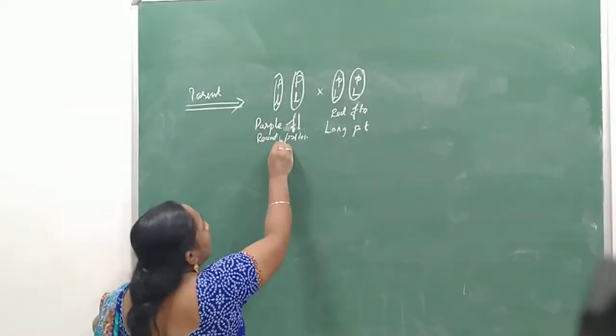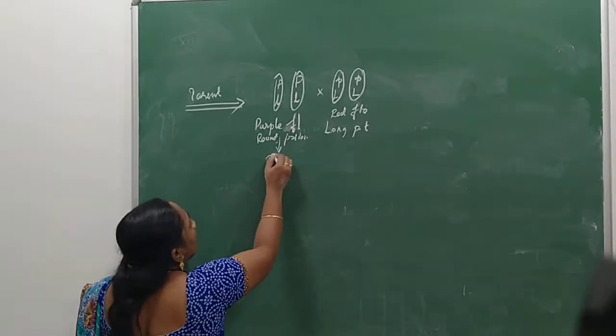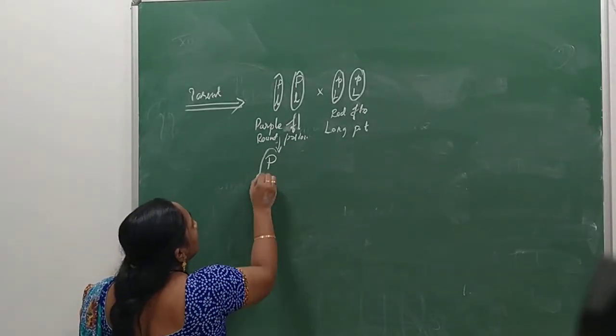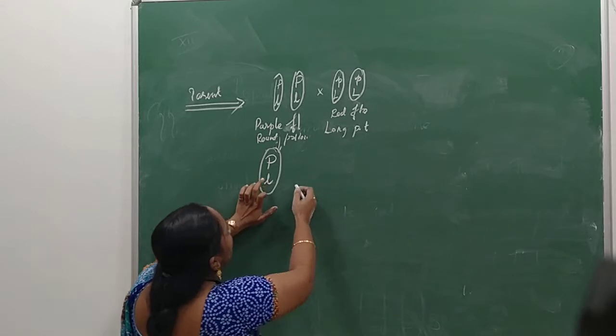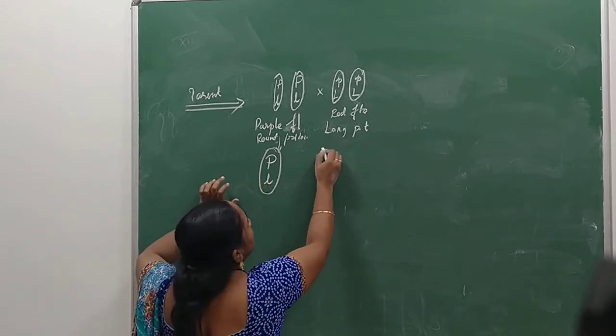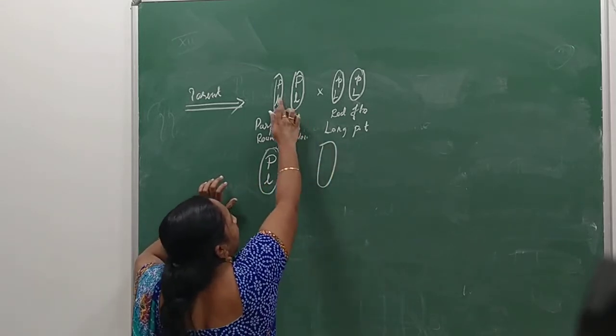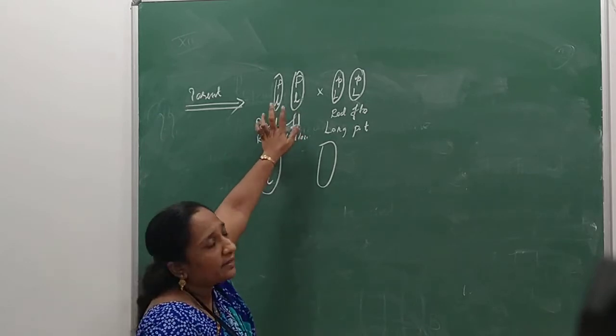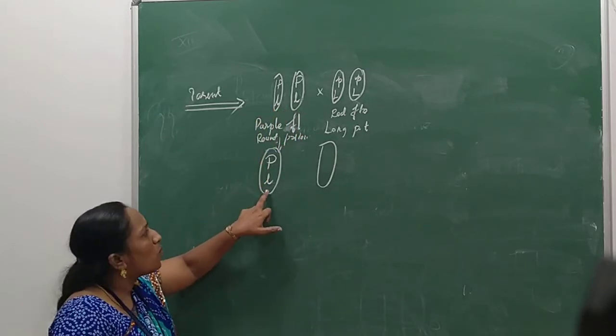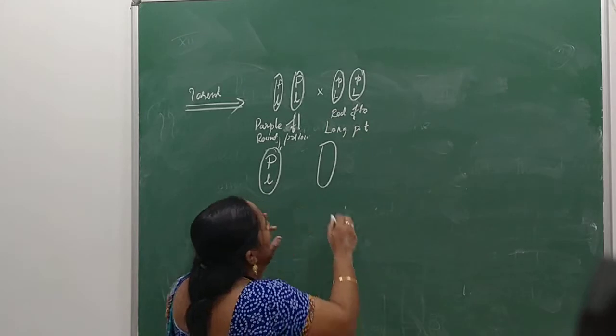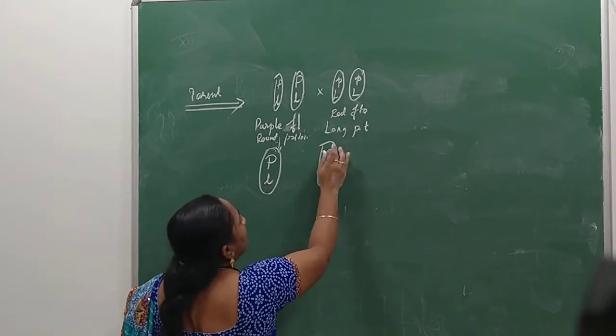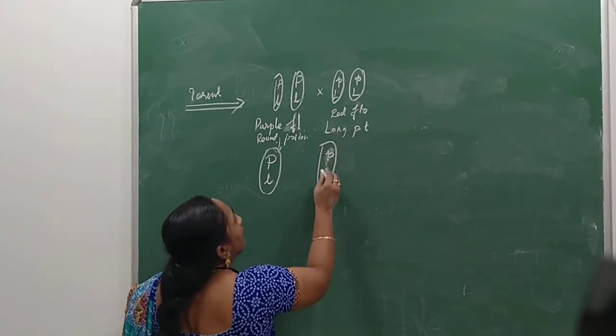Then the possible gametes will be purple and round pollen. Instead of two similar gametes, I am writing 1. Here also both are similar, so instead of that we are writing 1.